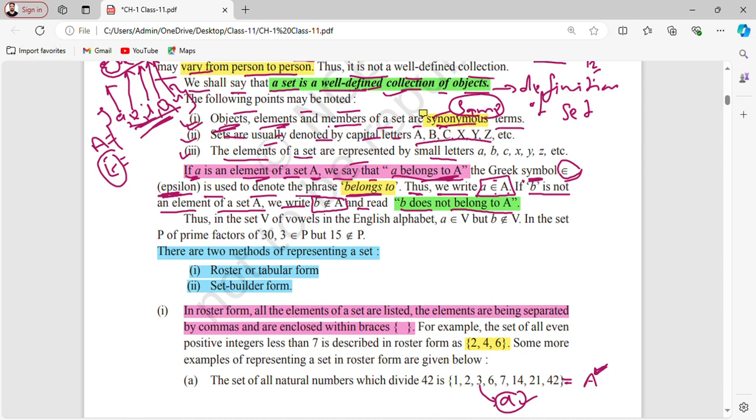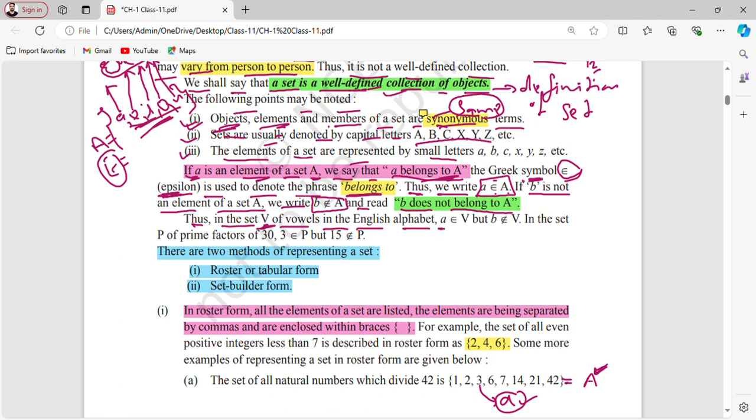So guys, these small things are very important to understand sets and how to represent a set when we solve problems. Suppose V is a capital letter, so it represents a whole set: V is the set of vowels in the English alphabet.